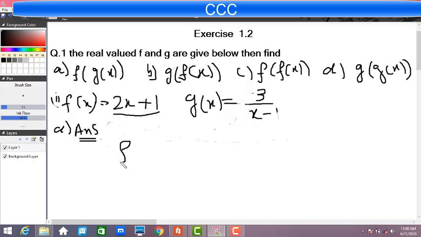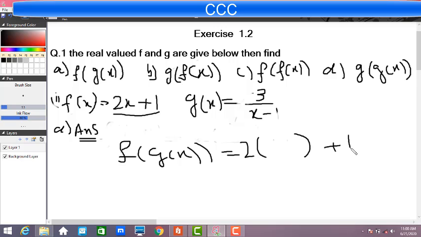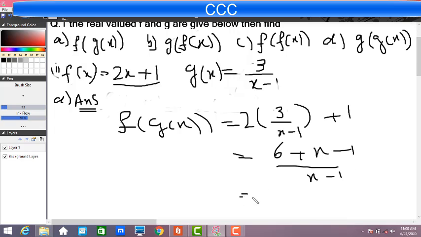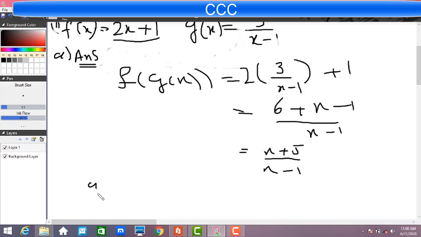Like if you have to write f of g of x, it means the basic function is f of x, and in place of x you have to replace the value of g of x, and after that you just simplify 6 plus x minus 1 over x minus 1, so we get the answer x plus 5 over x minus 1.